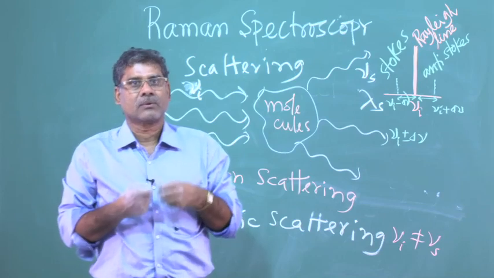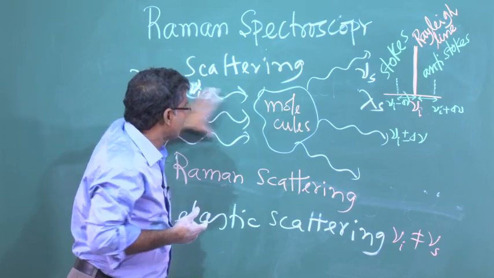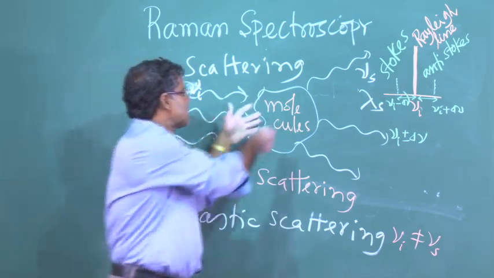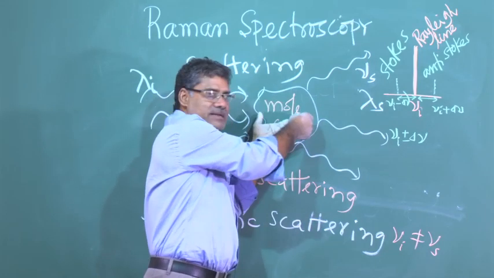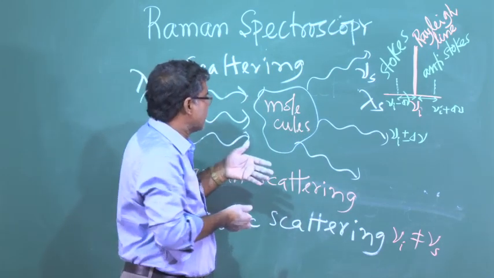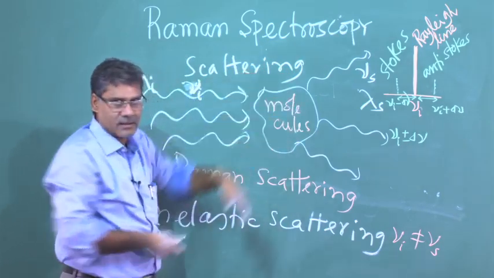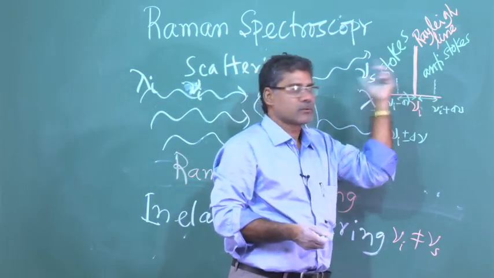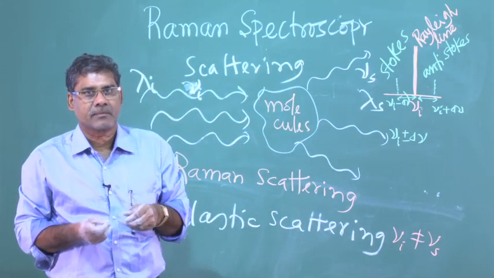The intensity also depends on the number of incident photons and the number of molecules, in this case the number of scattering centers. So, if you increase either the number of scattering centers or the number of incident photons, it is possible to get a higher, detectable intensity.